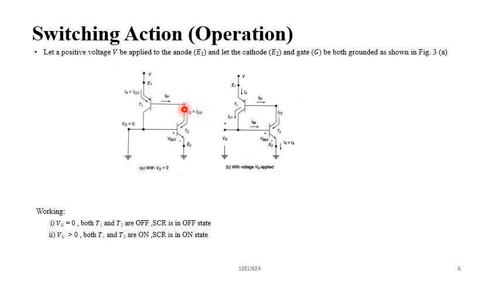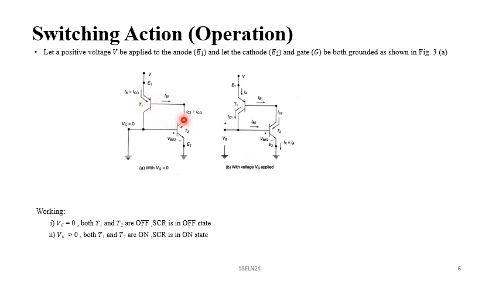Because the collector of the second transistor is connected to the base of transistor T1, and this current is very small, transistor T1 also stays in the off state, because the magnitude of this current is not sufficient to turn on transistor T1.